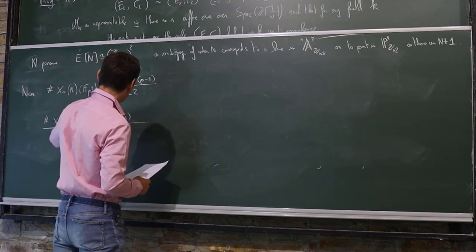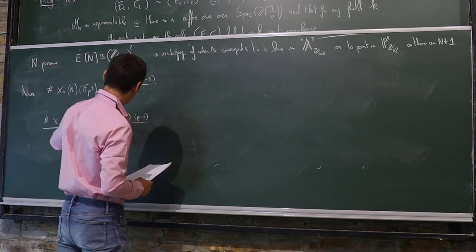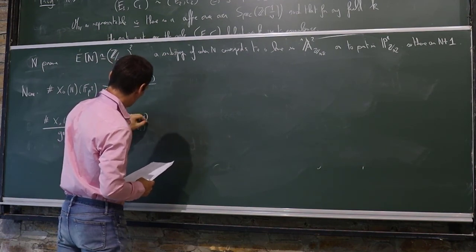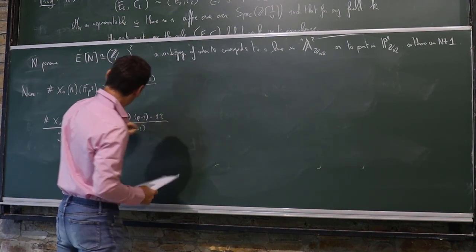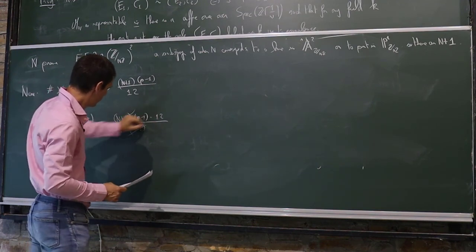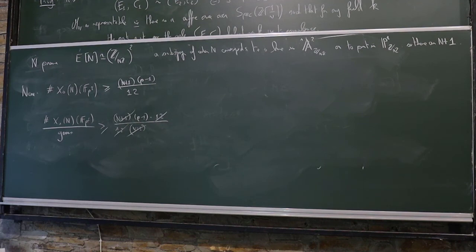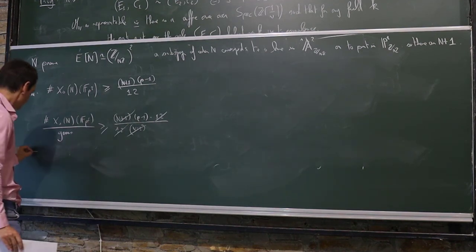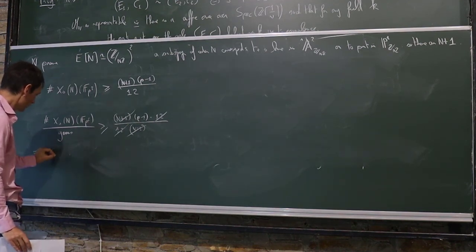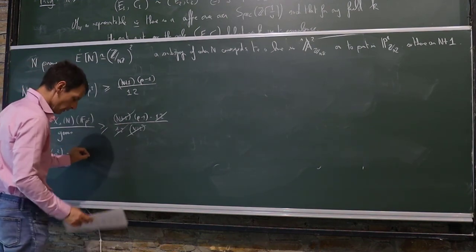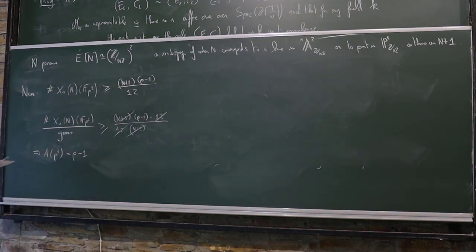So you get a nice cancellation, and you get at least p minus 1, but we know that p minus 1 is the maximum. So A of p squared is p minus 1, as we want it. Okay, thanks a lot.